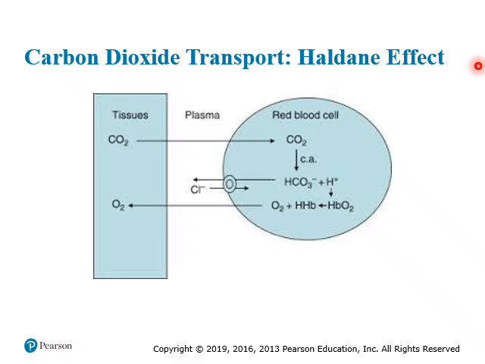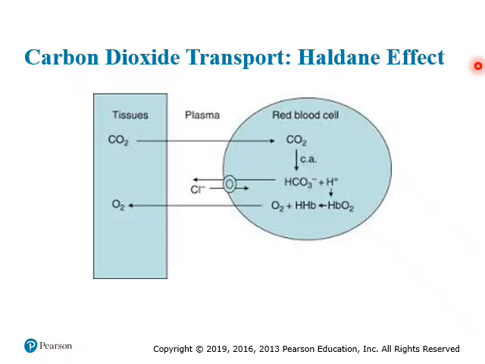In the lungs, it will need to release the carbon dioxide and increase its affinity for oxygen, because that's when it really receives the oxygen. In the tissues, it will increase its affinity for the carbon dioxide. In the lungs, it will lose its affinity for carbon dioxide because it is not much needed.